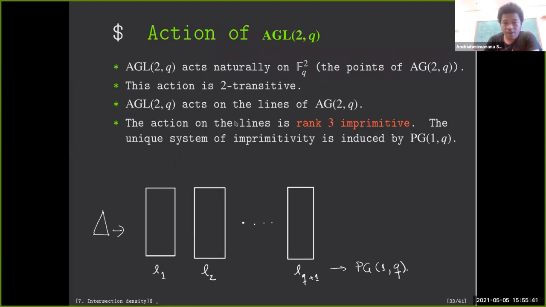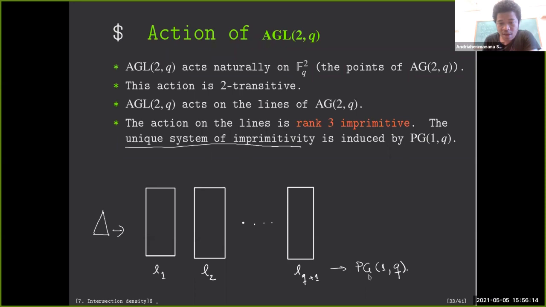But we also have another action, which is the action on the lines of AG(2,q). This action has rank 3, and it is imprimitive. Since the rank is equal to 3, there is a unique system of imprimitivity, which is induced by the elements of PG(1,q), the lines that pass through 0. The blocks, in fact, are just sets of parallel lines.